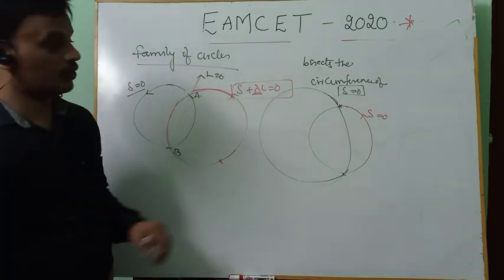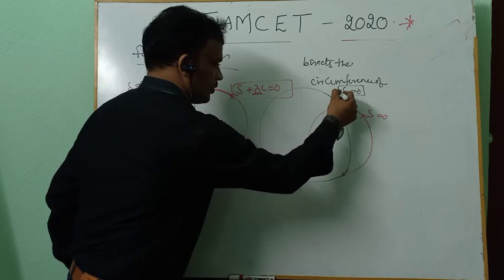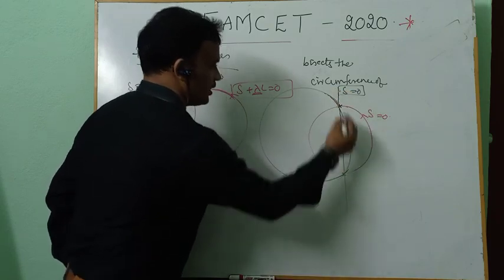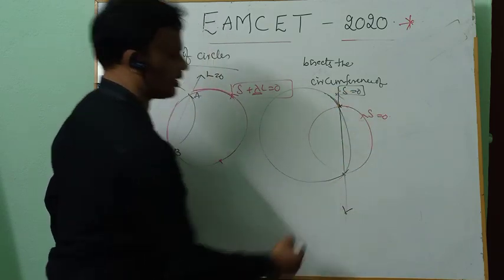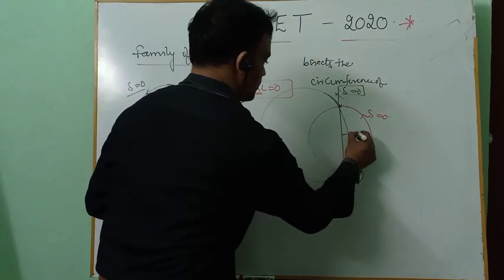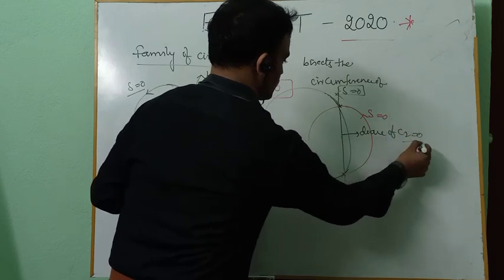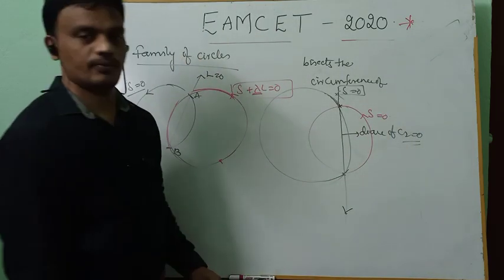Can you say what this is? This is actually the radical axis, of course, the common chord. In that case, that common chord becomes the diameter of the second circle, I mean S equals 0.